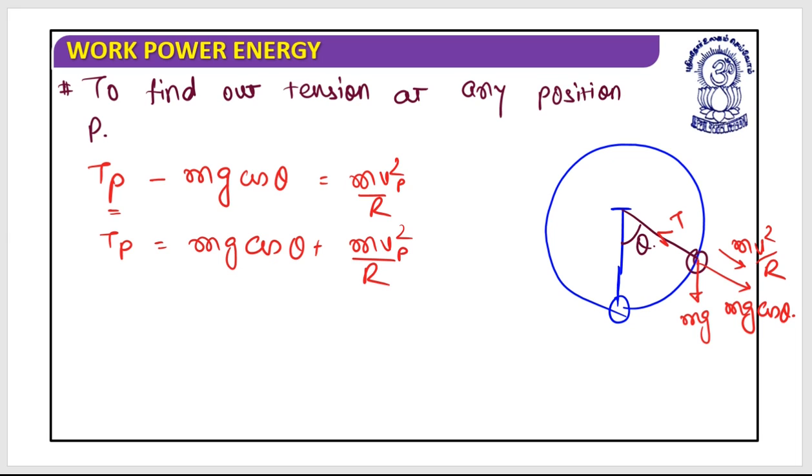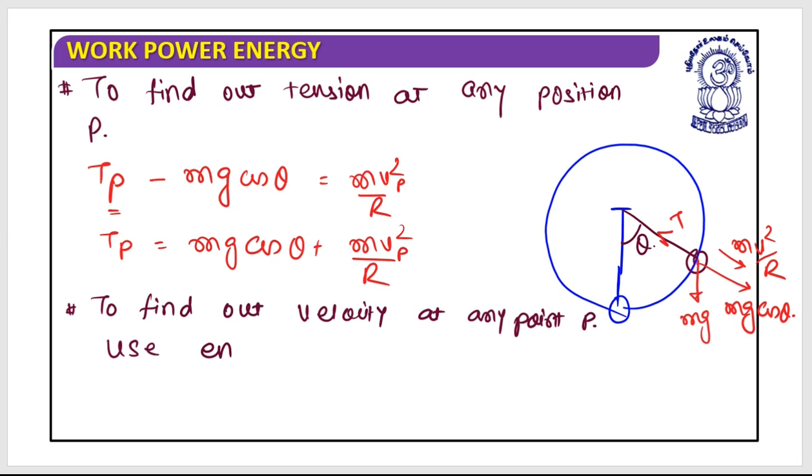Again, this is the velocity at point P. And one more thing, to find out velocity at any point P, use energy conservation.